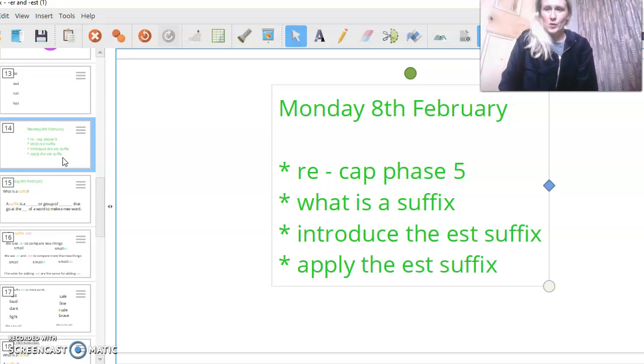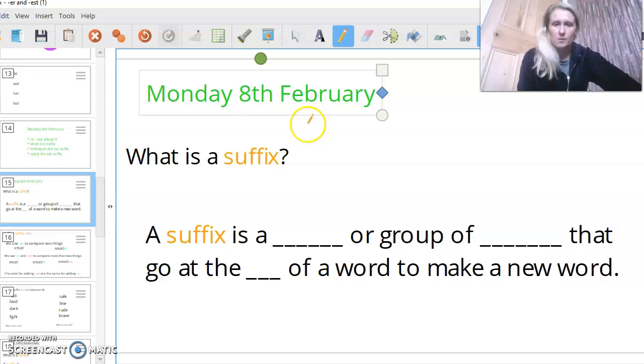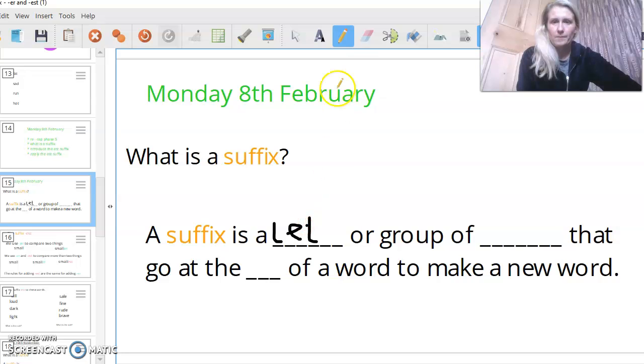Okay. So can we talk about what the suffix is? We spoke about it last time. I've got this page up here. What is a suffix? Shall I see if I can write it with this pen here? A suffix is a letter or a group of letters that go at the end of the word, don't they?